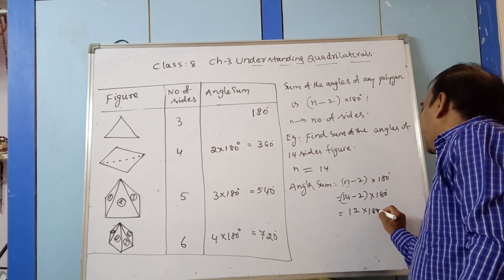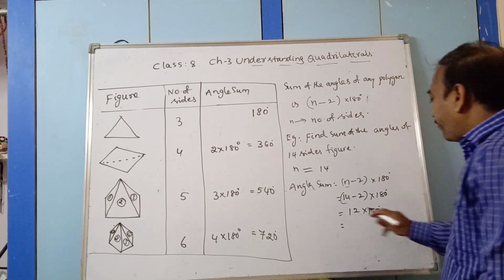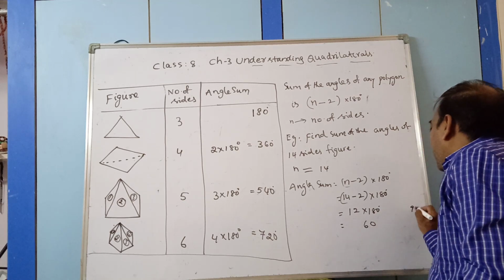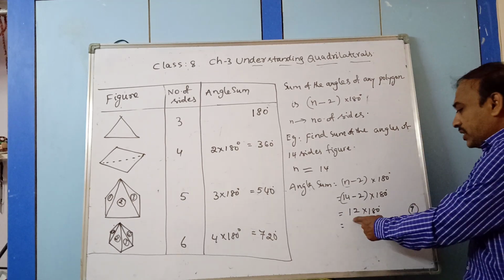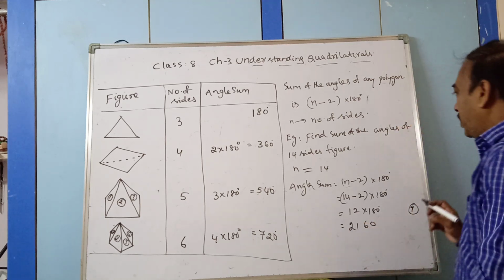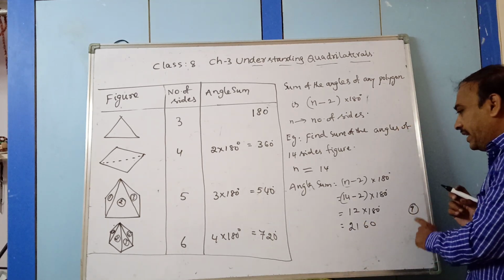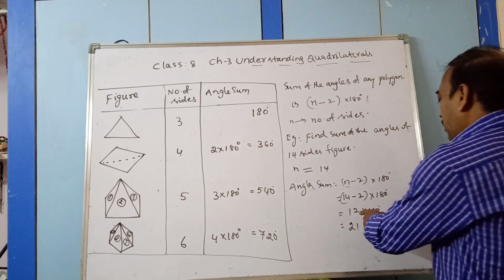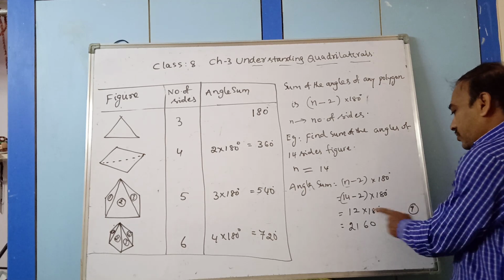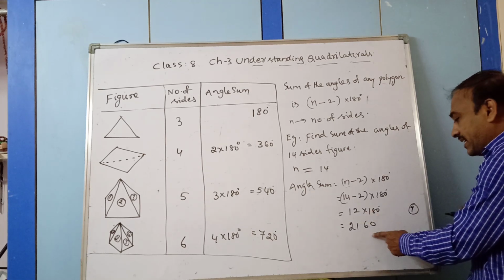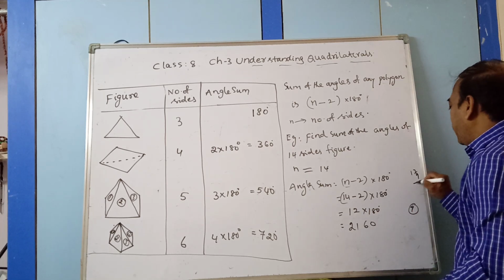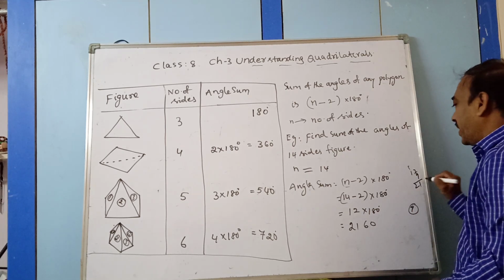12 into 180 degrees. 12 zeros are 0, 12 eights are 96, 6 and 9 is carried, 12 ones are 12, 12 plus 9 is 21.